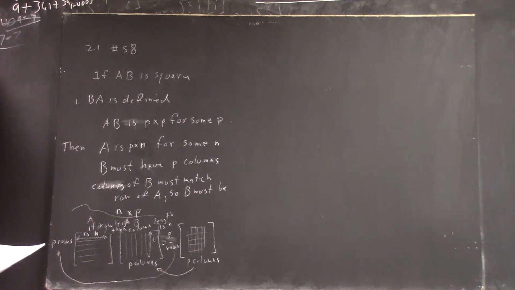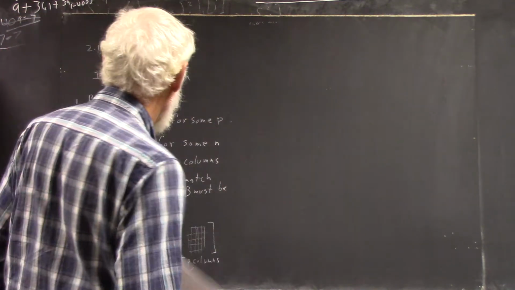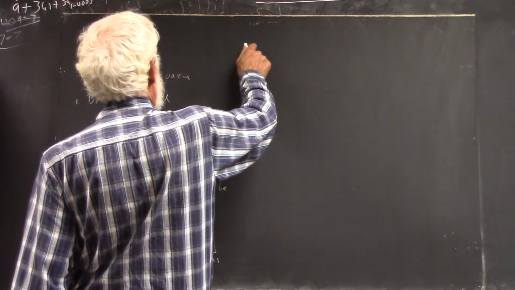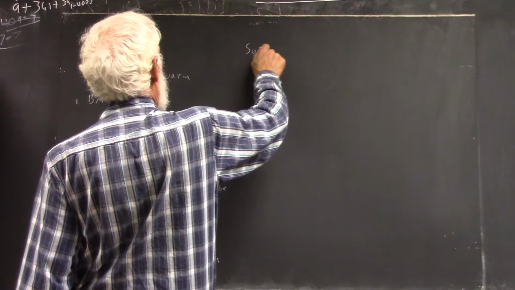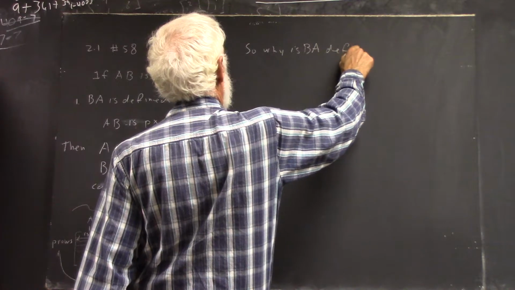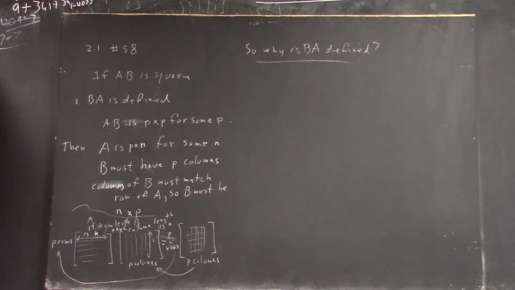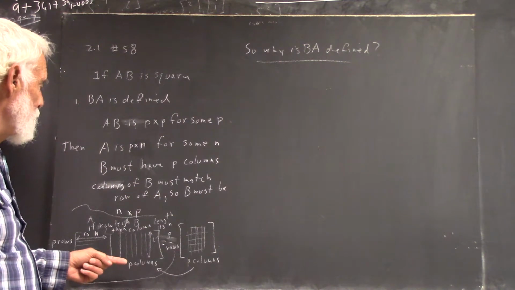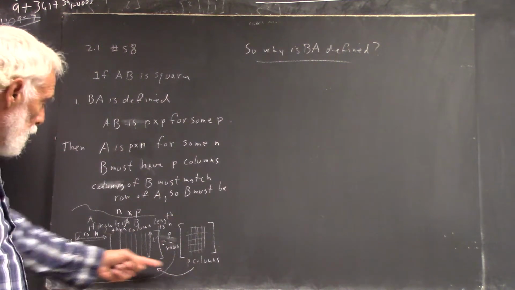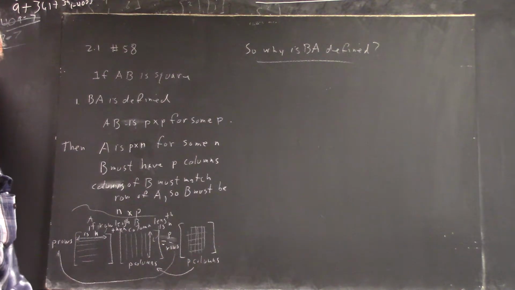So if AB exists, then you have to have this. Okay, well, so why now is it that BA is defined? Well, because in BA, your row length is P, and the column length in A is also P. Okay?